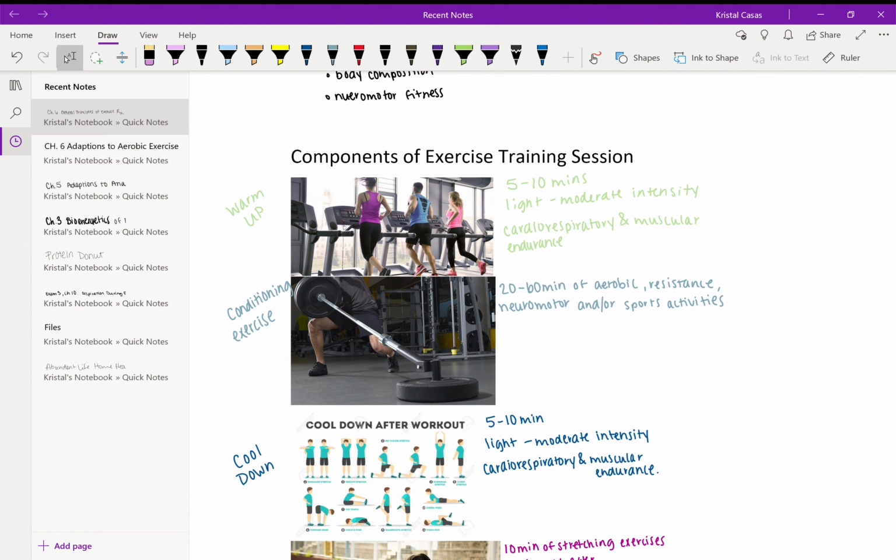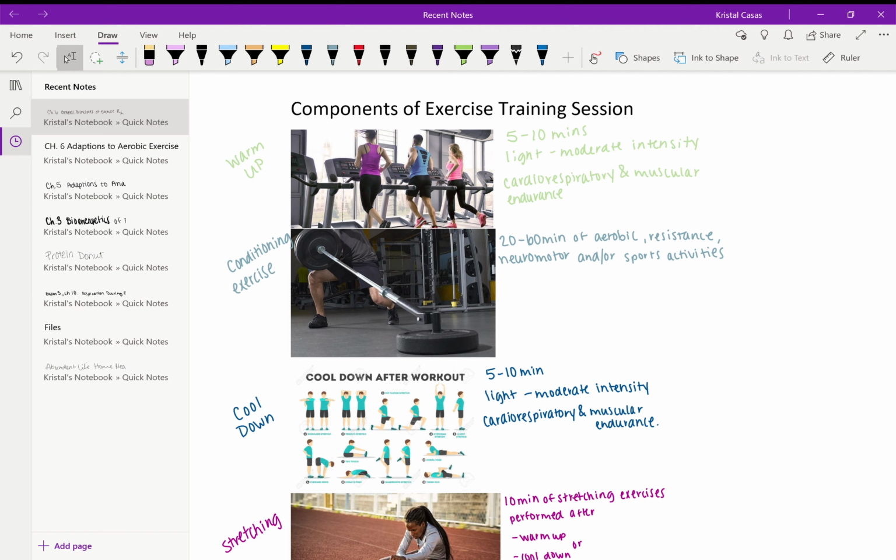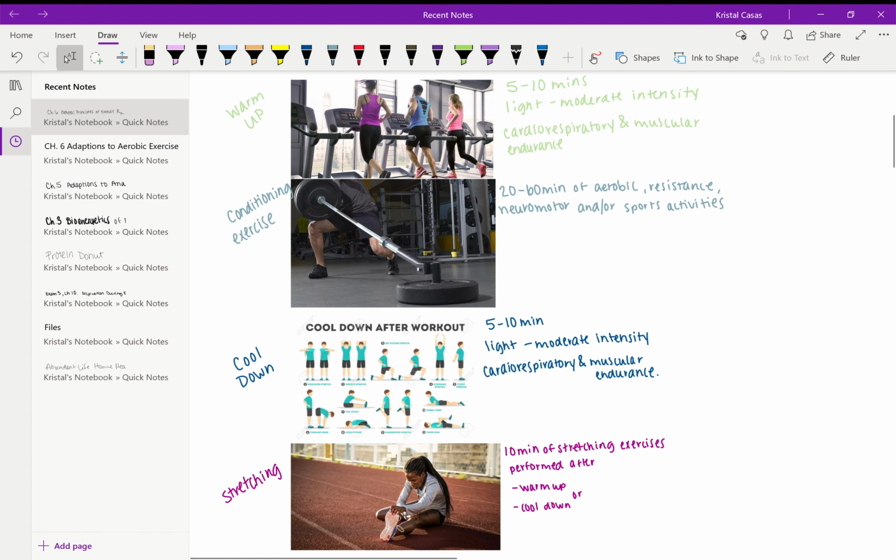You also want to make sure that you include the four components of an exercise training session. You have your warm-up, 5 to 10 minutes, light to moderate intensity, that you could do with cardiorespiratory or muscular endurance. There's conditioning, so that's when you do your actual exercise.